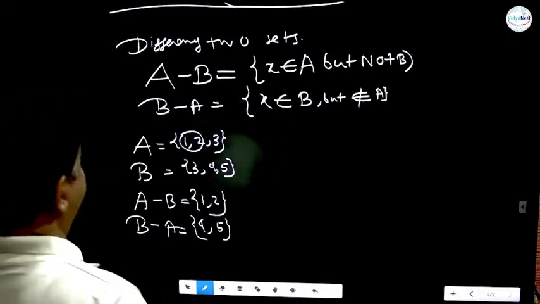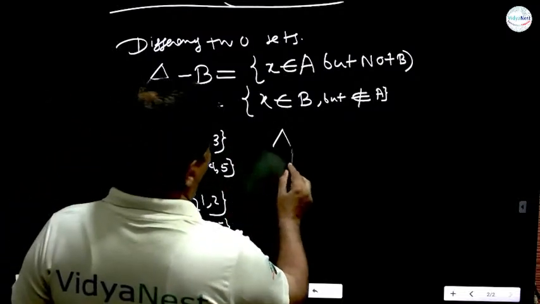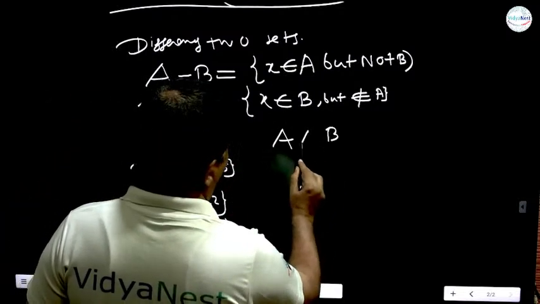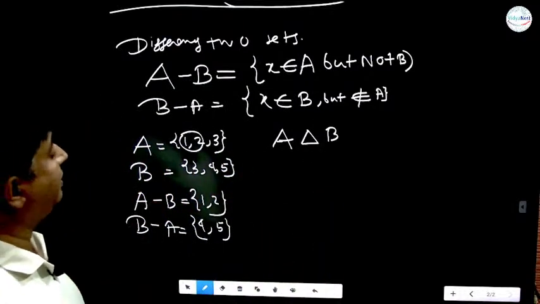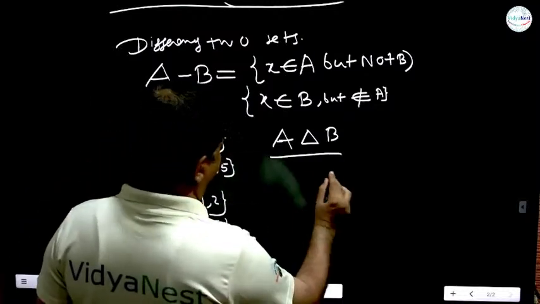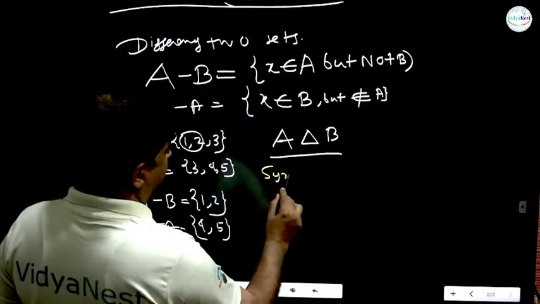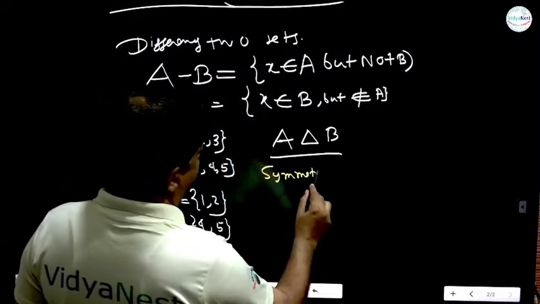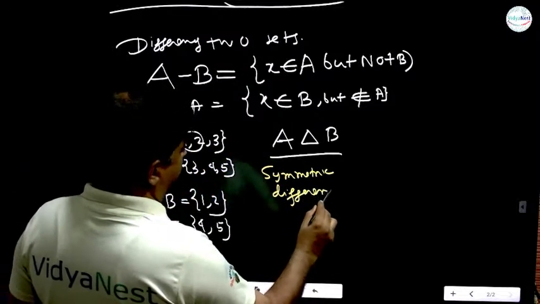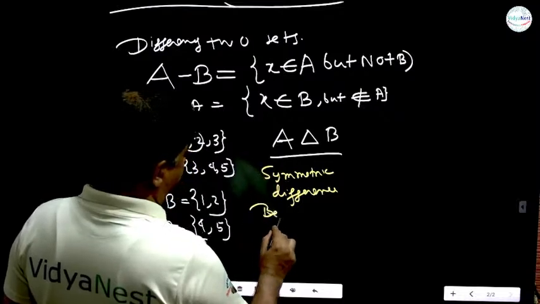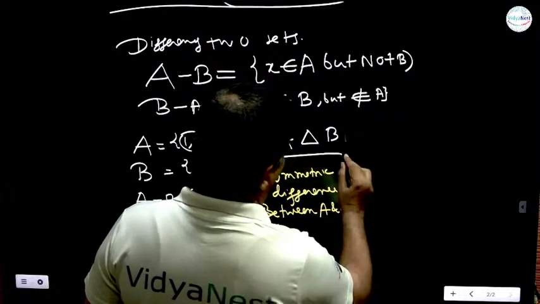Now, if A and B have some symbol like this between them, what is meant by this? It is called symmetric difference between A and B. What does it mean?